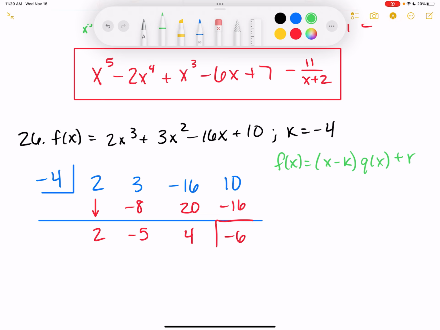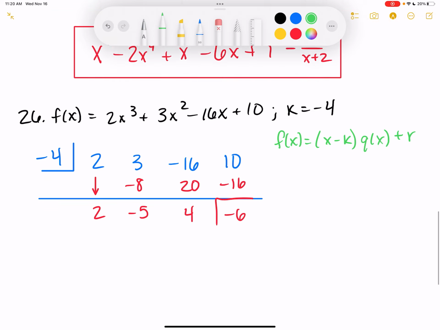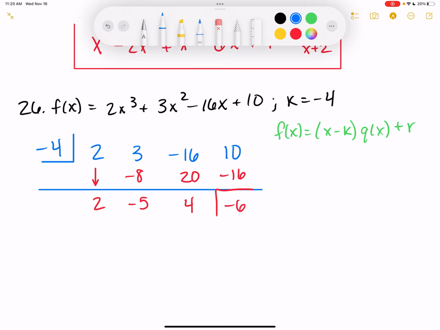So when it gets plugged back in, our answer would be x plus 4 times, this was an x cubed term, so now it's x squared, so 2x squared minus 5x plus 4, and then plus the remainder was -6 over x plus 4.